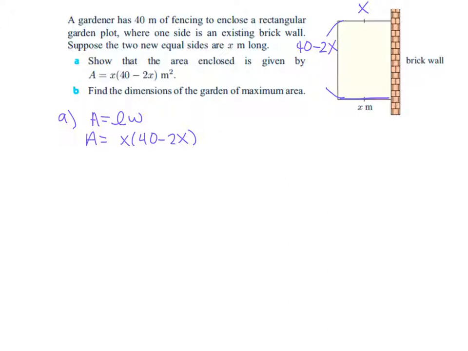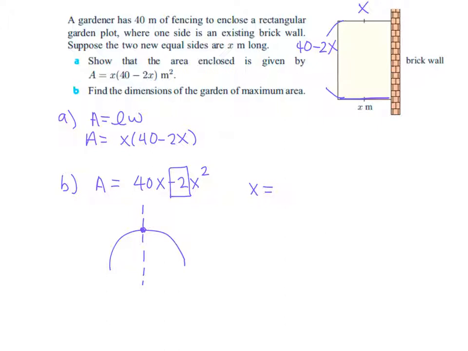In order to do so, let's distribute this. So we have 40x minus 2x squared. As you can guess already, our a is less than 0, so it's concaved down. Where the axis of symmetry is, that's the x value of the vertex. So let's find the vertex first.